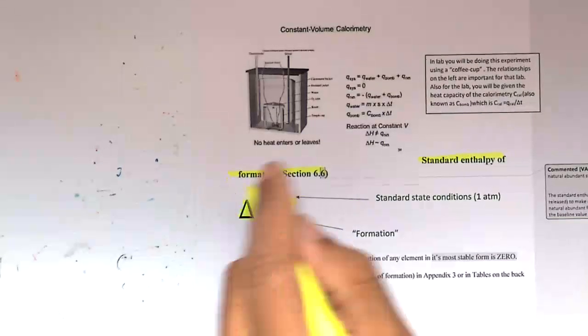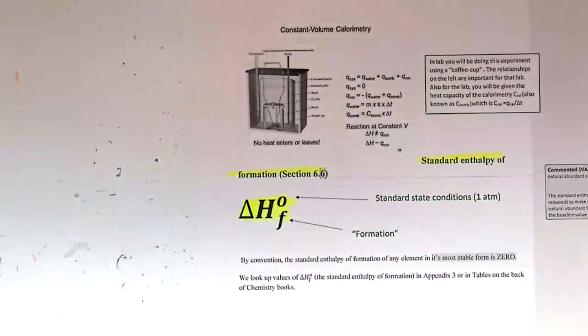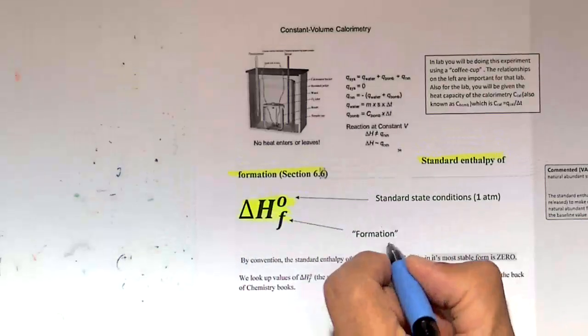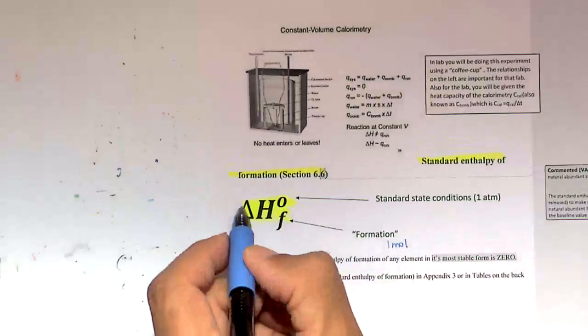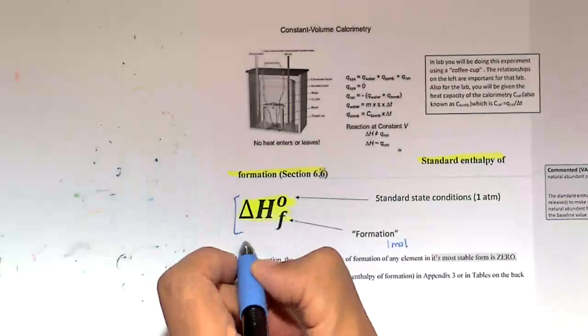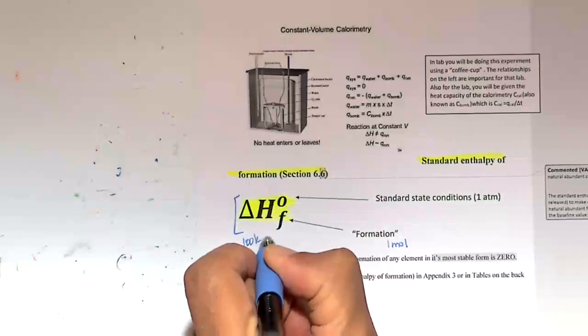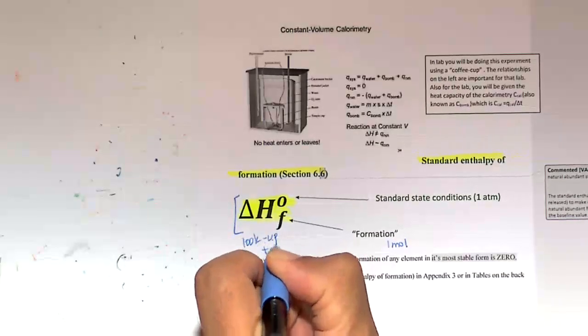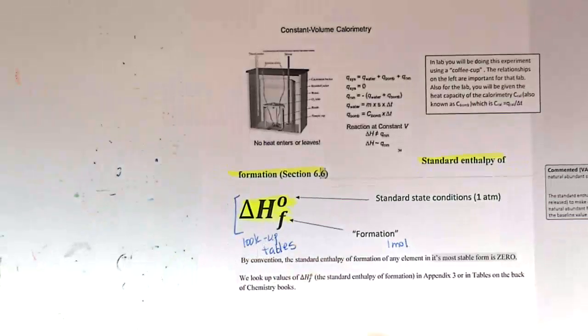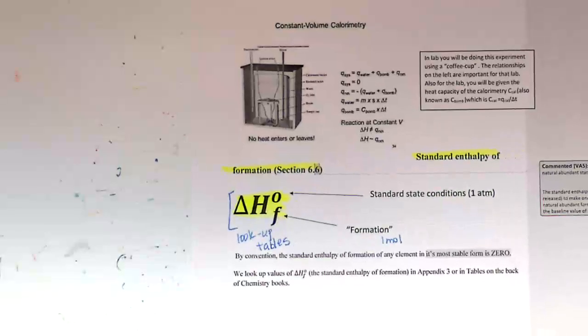This is standard state. This is enthalpy of formation. Formation is 1 mole. We look up these values in the book, look up tables. Let's do this problem here, and then we will wrap up the class.